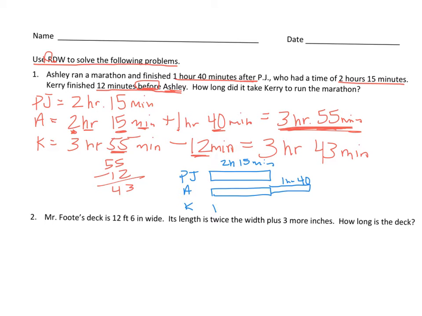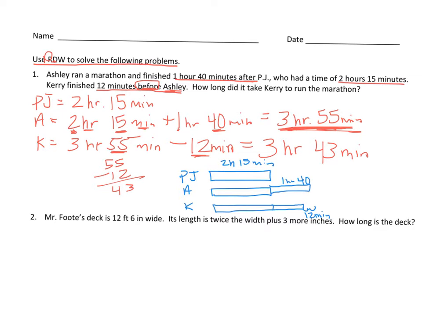Carrie had the same as PJ and had this part of 12 minutes less than Ashley.